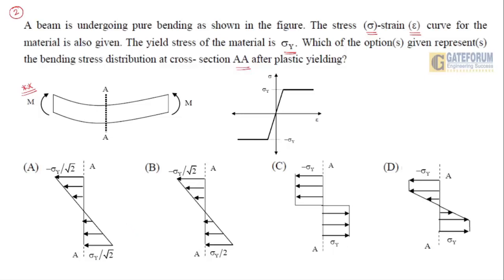Basically, when the bending moment is between the yield moment My and the fully plastic moment MP, what happens? When you draw your stress-strain curve, there will be a negative stress here and a positive stress here, and obviously the bending is happening at a particular region.